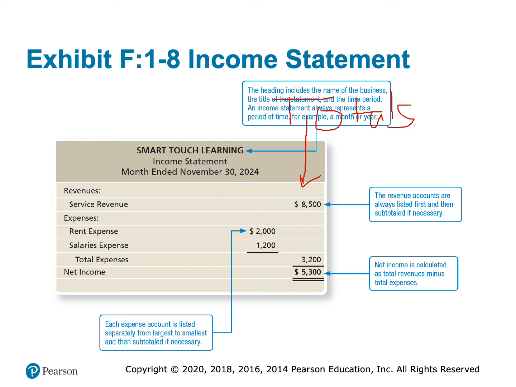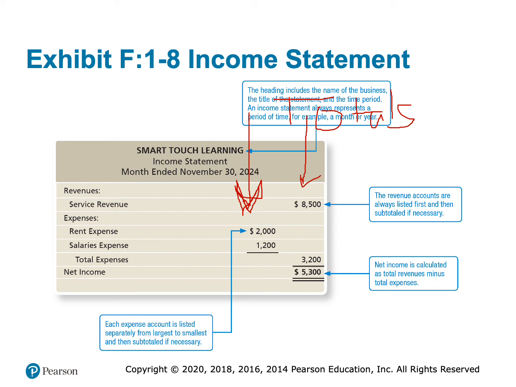Since we only had one kind of revenue, service revenue, that's the total revenue, so we just put it in the second column. We're going to get to where we have multiple kinds of revenue. Maybe we provide services, but we also sell goods. So we may have two kinds of revenue listed in this first column. This first column is for those individual amounts.